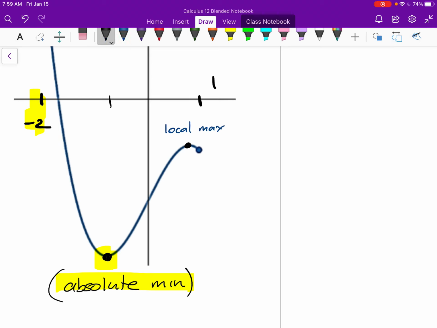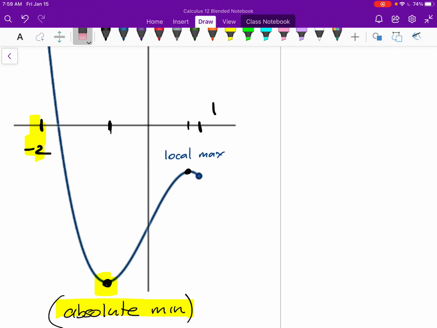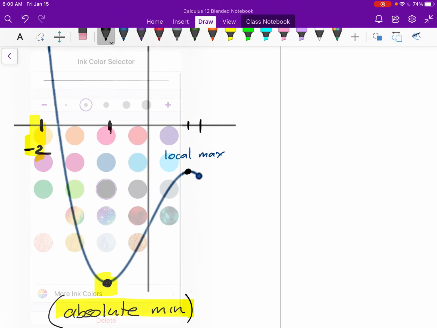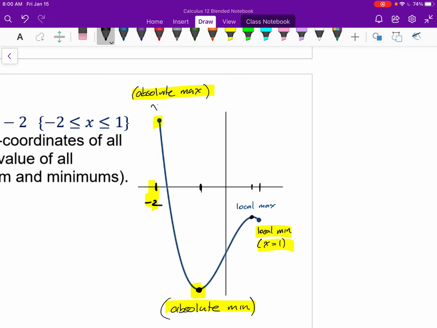But again, the x value, the critical number, I don't yet know. And then I have another local min at the very end. I know that's when x equals 1. That was told to us by looking at the domain.